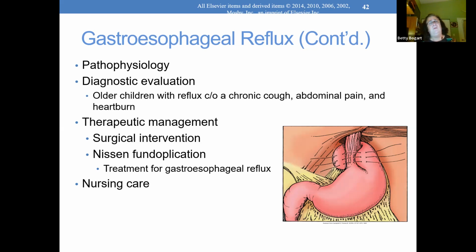Well, remember, reflux can cause aspiration pneumonia, and that's our biggest concern. So many times they will decide to do something called a Nissen fundoplication, which is a treatment for that reflux that we can't manage through everything we've done. What it does is take a piece of the stomach up so that it can't go up, so you don't have reflux going on.